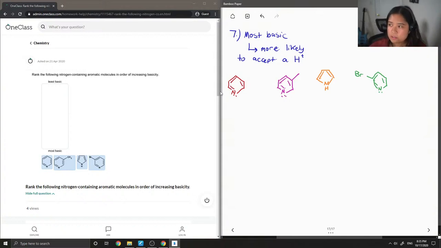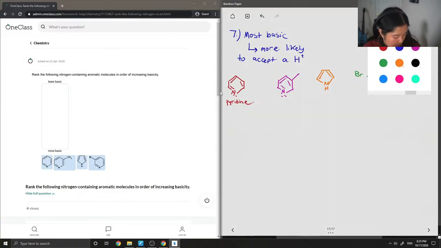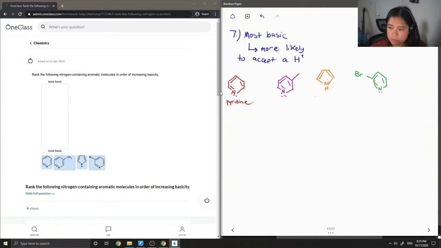Okay, so it's easier to first compare this pyridine with the pyrrole molecule, which is this orange one.